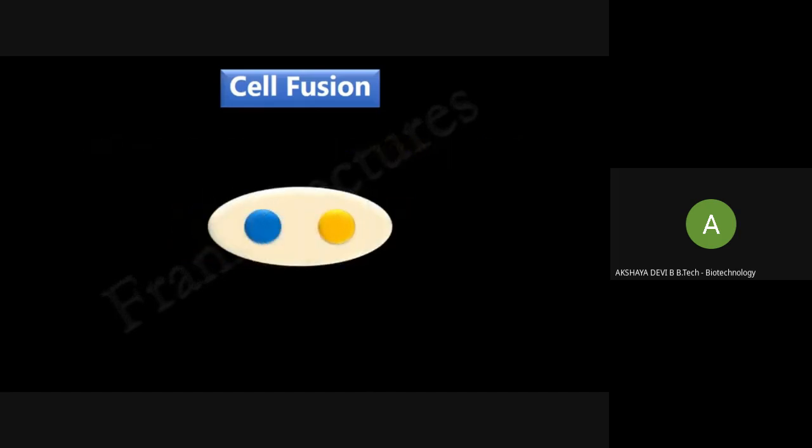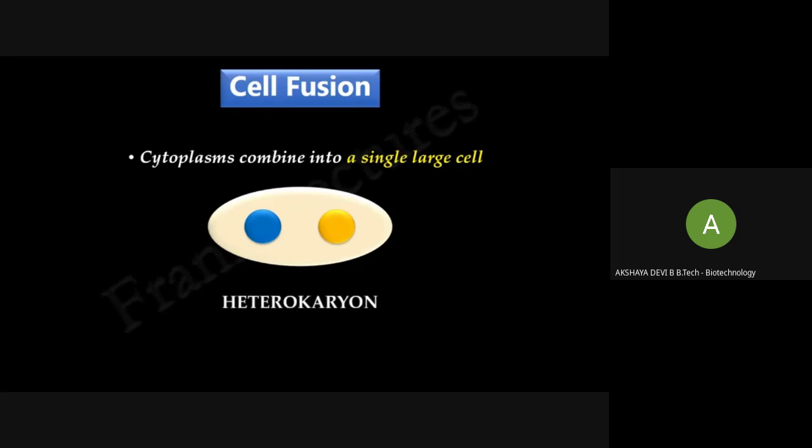The cytoplasms of these two cells combine and form a single large cell with two nuclei. This cell is known as heterokaryon. Hetero means different, and karyon means chromosomes. It is so called because this cell has two different sets of chromosomes.